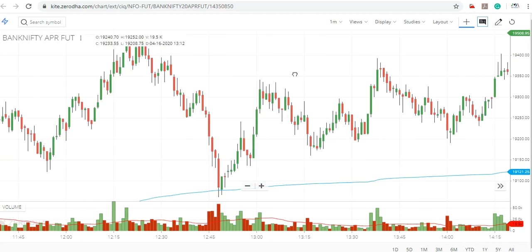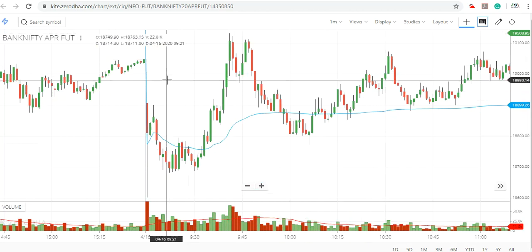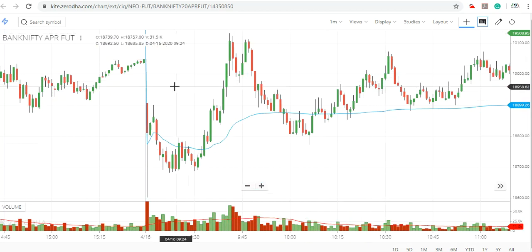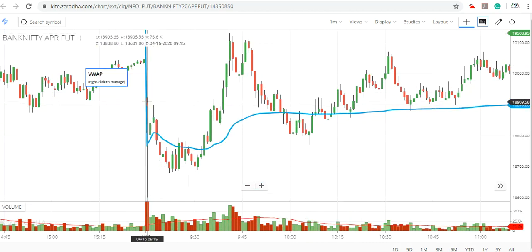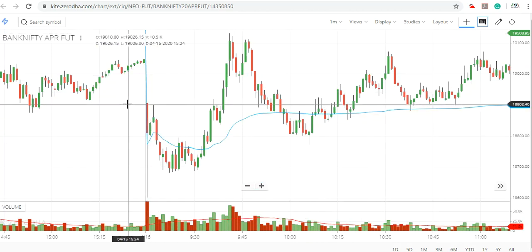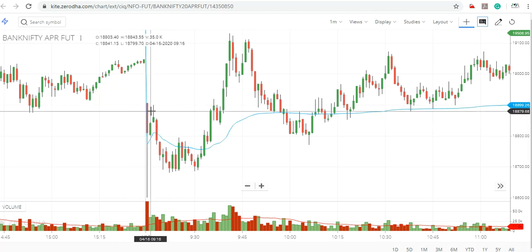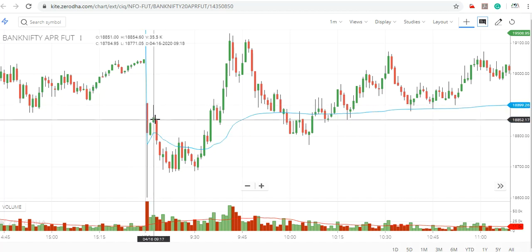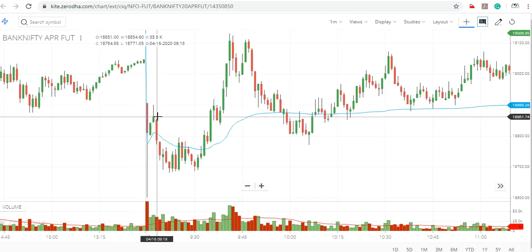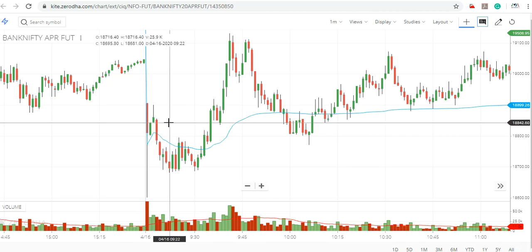If it is above VWAP and nearer to the day's high, we will be trading in the put. This was the first candle, second candle, third candle. The third candle is nearest to the high. High is here. That's what I call nearest to the high. So it formed a candlestick pattern: there is a rejection from the top, a small body and a long wick. When this low breaks, you scalp.